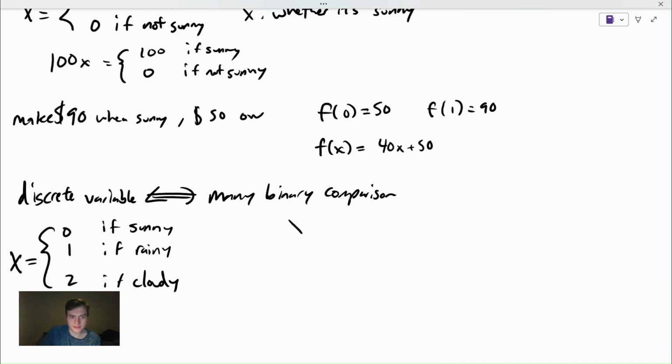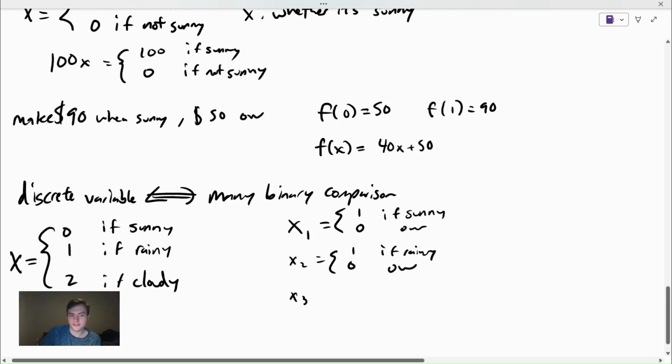And then x1 equals our old x, 1 if sunny, 0 otherwise, right? x2 equals 1 if rainy, 0 otherwise. x3 equals 1 if cloudy, 0 otherwise.